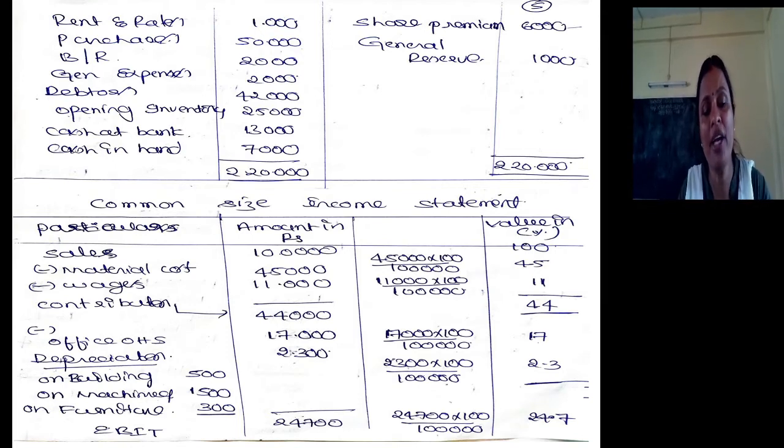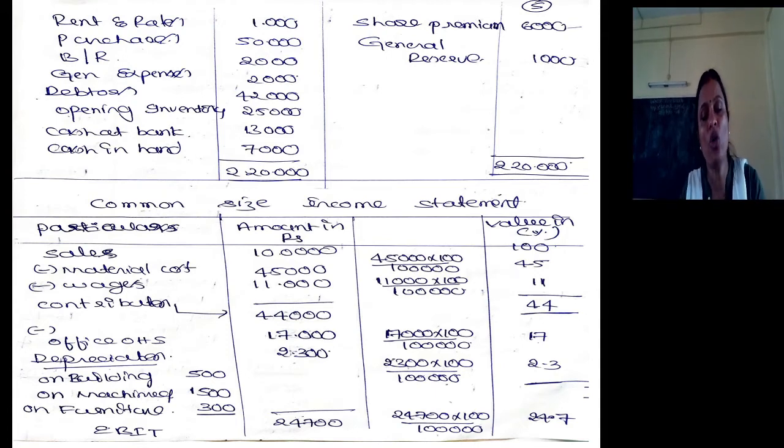So we know that we need to consider sales as 100. If 10 lakh is 100, then 45,000 is 45% of sales. Wages are 11% of sales. So total contribution is 100 minus 45 minus 11, that is 44% of 100.